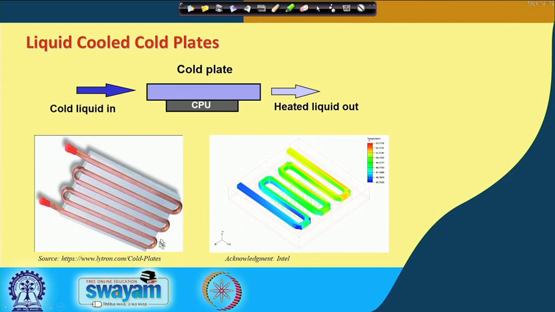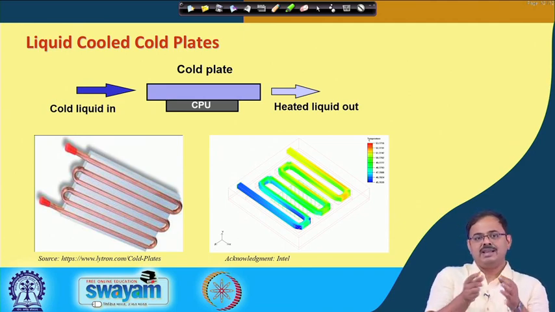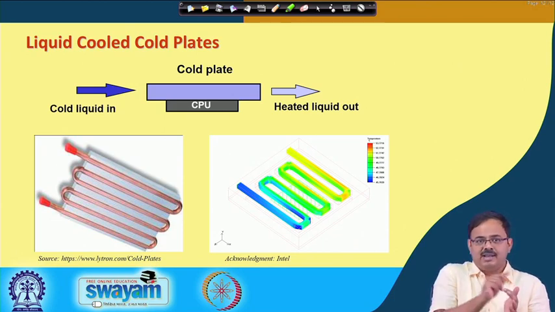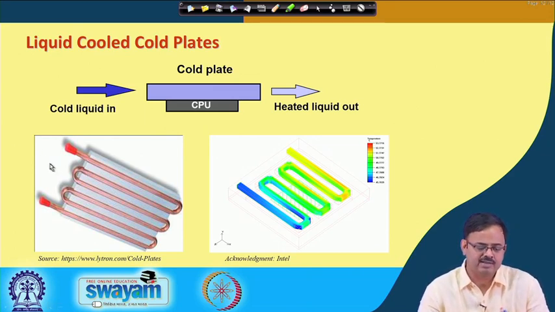Okay. So, this is a typical picture of a cold plate. Of course, the cover has been made transparent, because if you look from outside you will only see an inlet point, an outlet point, and probably a copper or aluminum block, but inside you have these serpentine channels. Serpentine is one configuration, you can also have parallel channels.